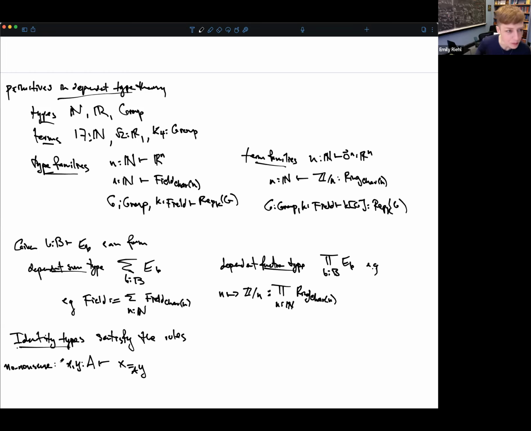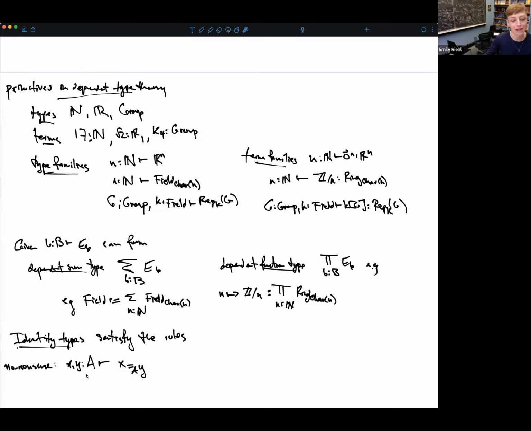One role played by types in dependent type theory is that they're used to state grammatically correct mathematical assertions, which may then be true or false. So what you should read x equals y as saying is, firstly, this is the name of a type. x =_A y is the name of a type, just like group was the name of a type, or natural numbers is the name of a type.